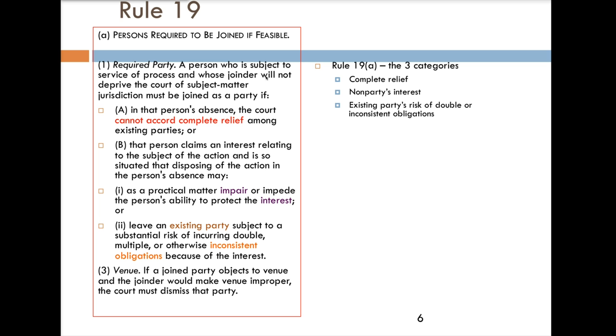Now, it's really important that this phrase is inconsistent obligations and not inconsistent judgments. So in general, failure to include a joint tortfeasor would not result in inconsistent obligations, because you might have inconsistent judgments in terms of deciding who's liable, but usually an inconsistent obligation is talking about things that you can't both do at the same time.